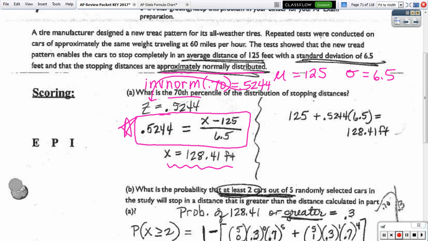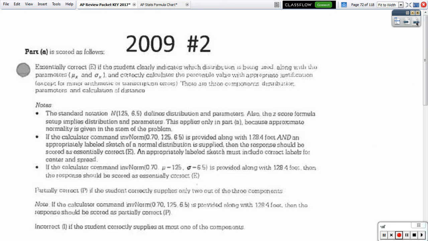Now let me go over how that has to be scored. In order to get credit on this, you had to indicate the distribution shape and the parameters, meaning the mean of x and the standard deviation of x, and then have the correct calculations. I feel that you would probably do this mean of x and this standard deviation of x if you filled in the formula. Look at these notes here.